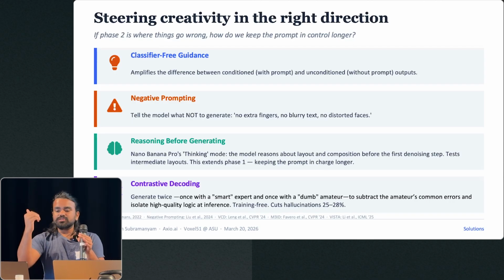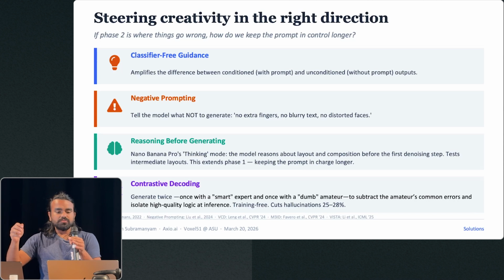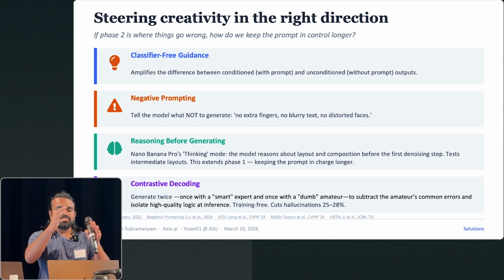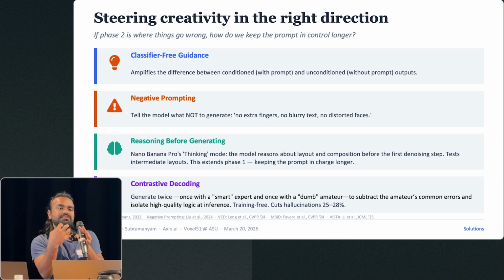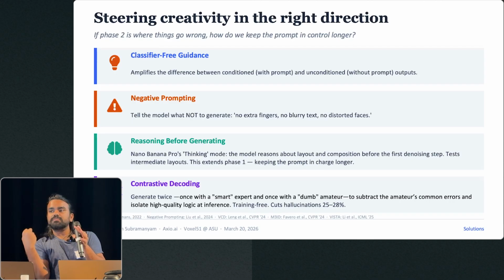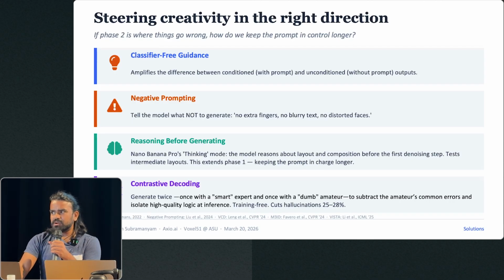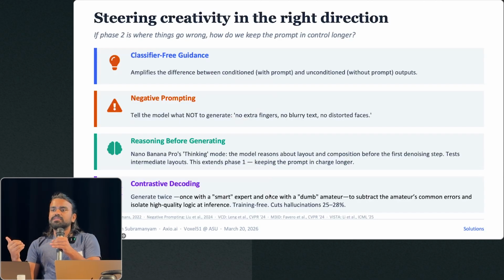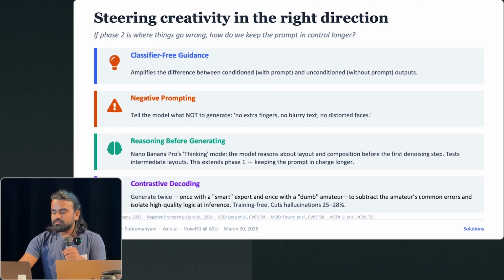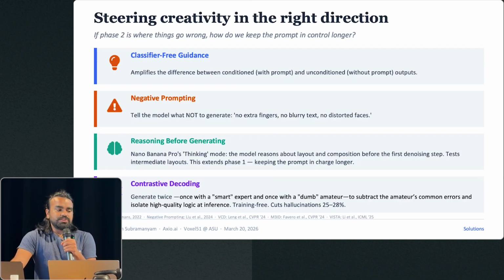The student's answer could have certain things that are not right, so we take the professor's answer as the oracle and remove things that should not be there. So it's one smart expert model and one dumb amateur model, and we subtract the common error points from the expert model's outcome. With this, we are able to reduce hallucinations.